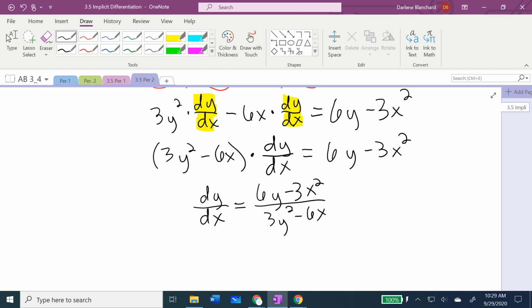Sometimes the AP test will, in a free response problem, tell you the dy/dx and ask you to show that that is the dy/dx for the expression or the equation we began with. In that case, you have to simplify it down to what they have. So very likely they're going to have top and bottom divided by 3.